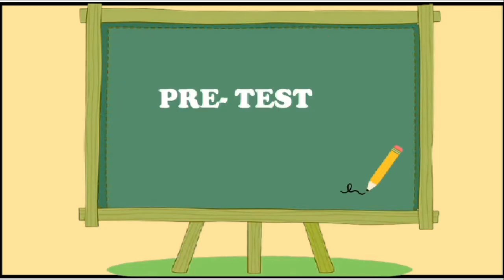This time, we are going to brush up your prior knowledge about the topic. We will have a short pre-test. Listen carefully to each question and choose the letter of the best answer. Are you ready? Number 1.